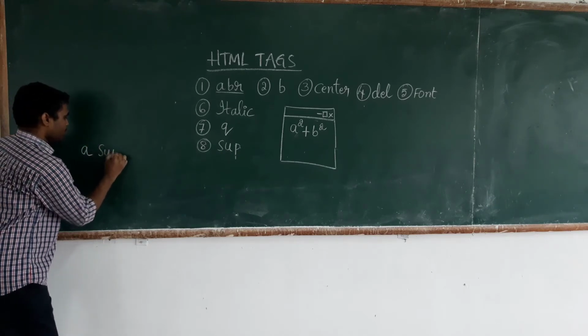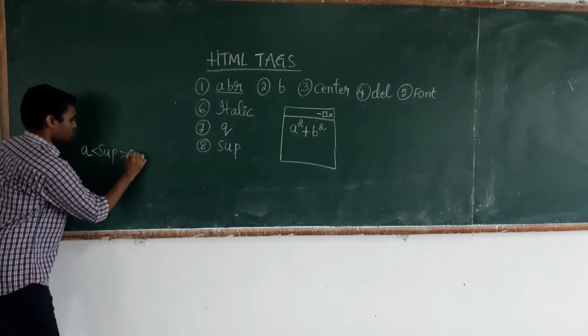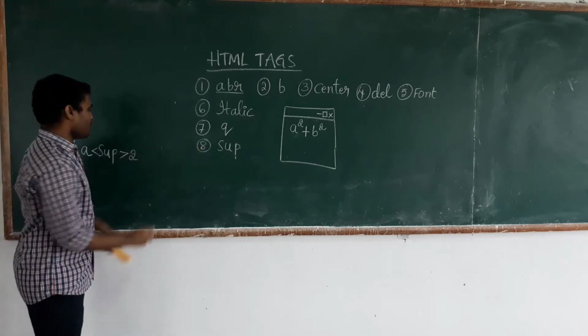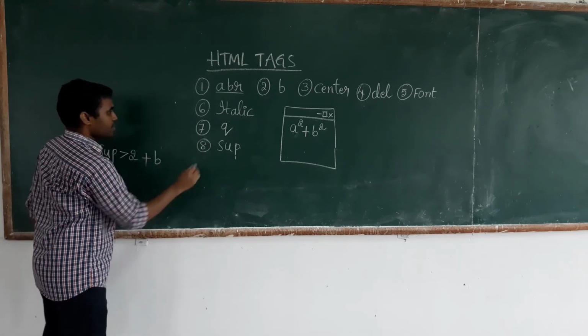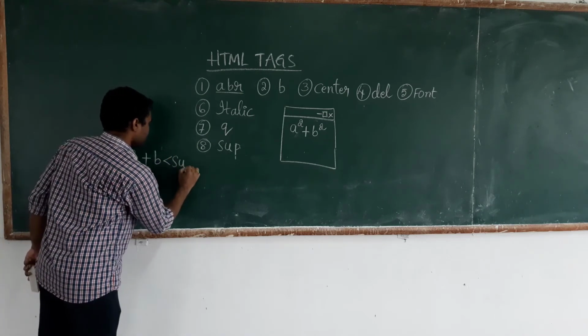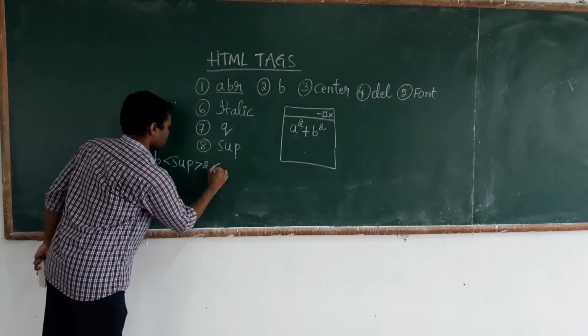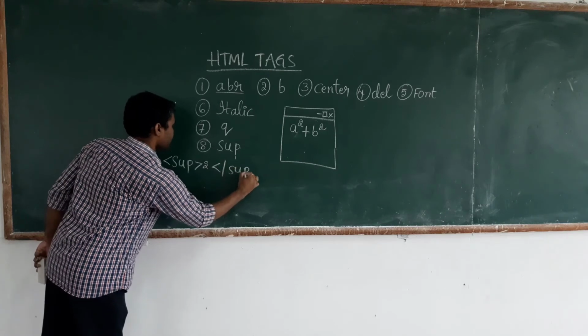A SUP, superscript tag 2, and next one is plus, next one is B, next one is superscript SUP 2 /SUP.